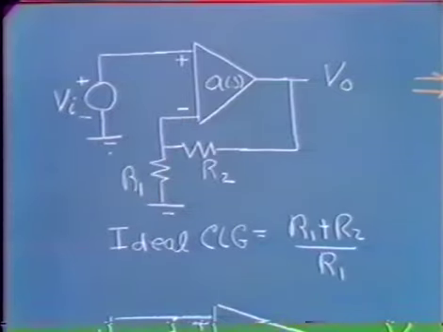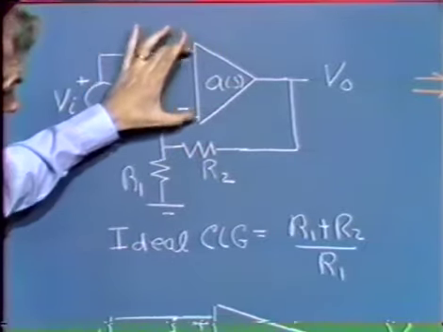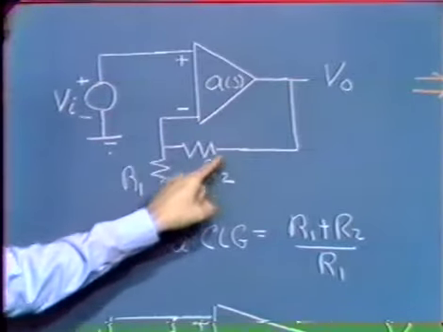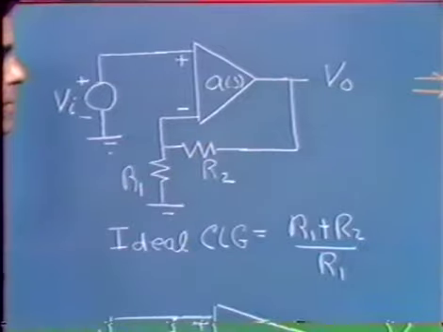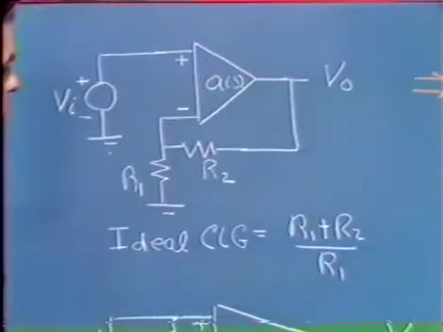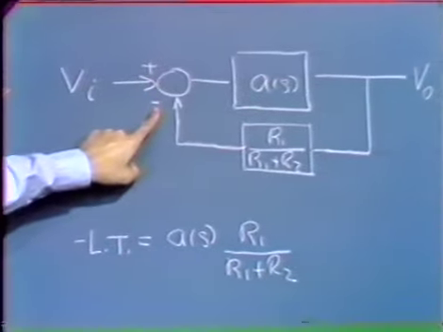We've looked at this case earlier, and we found that, providing we can ignore loading that the input of the amplifier applies to the feedback network and loading that the feedback network applies to the output of the amplifier, we get a very nice physical correspondence between this topology and the corresponding block diagram.